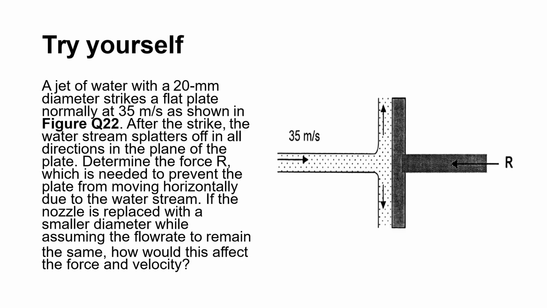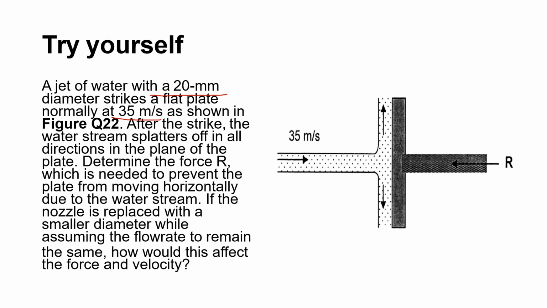Okay, next this one I need you to try by yourself. So how do we calculate this? We have the diameter of the water jet, so you can convert it to meter, and the velocity is given 35.